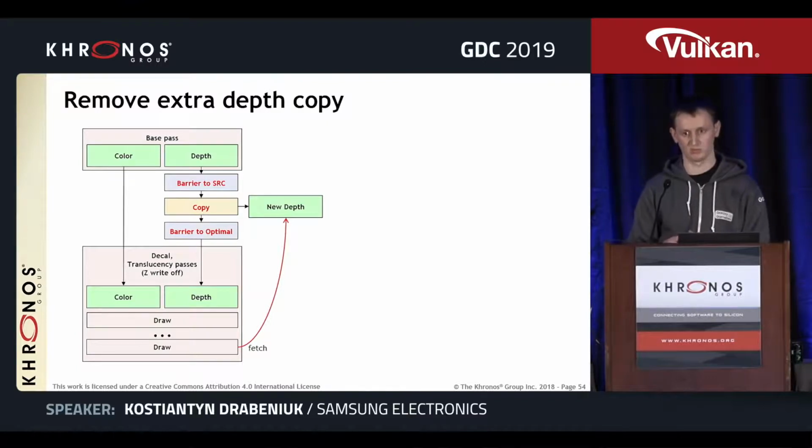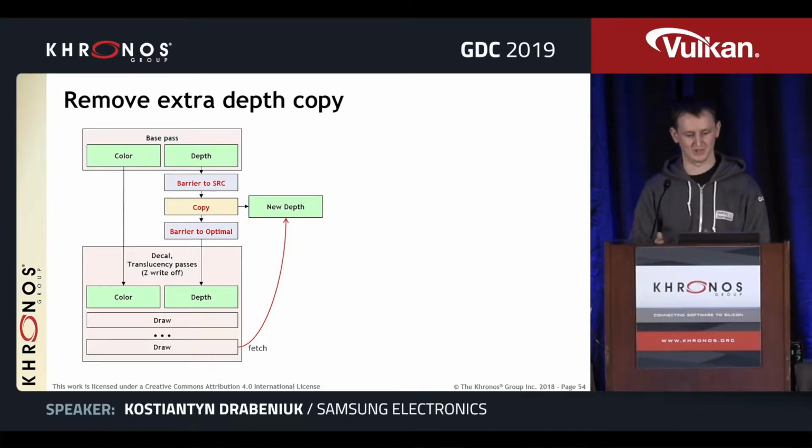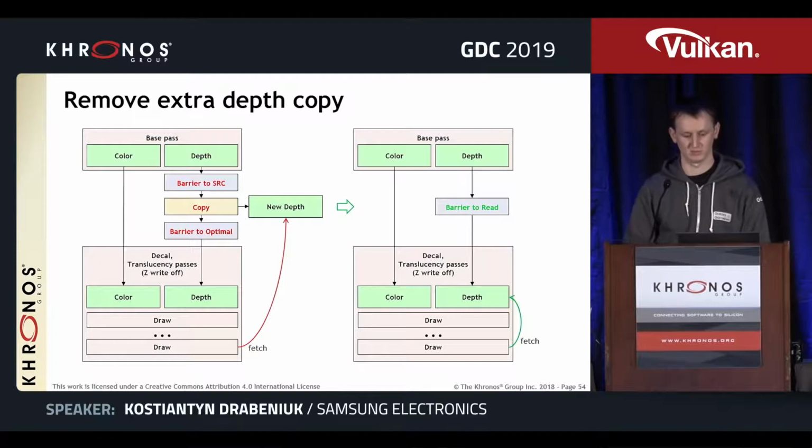It means that we need to use the depth image as an attachment and sample it in the shader at the same time. If that's not supported, we need to make an extra copy and sample the copied image. Also, for the copy we need to make an extra transition. But in Vulkan it is possible to use the image as an attachment and sample it in the shader at the same time. So the extra copy was removed.